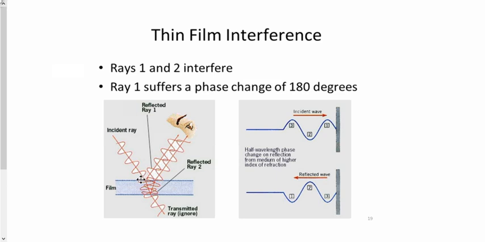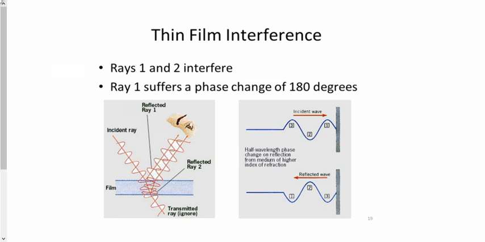The light that goes through, refracted, will not be out of phase, and the light that gets refracted here will also not be out of phase. So what kind of thing does that create? Well, if you have waves that are out of phase and waves that are in phase, when they interact with each other, they will interfere negatively and produce darks.